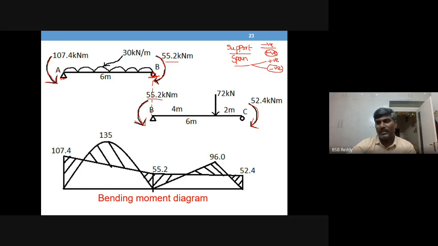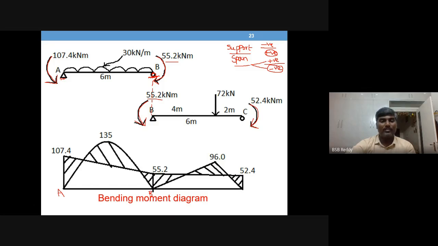In general, support moments are negative and span moments are positive. So above the reference line, when drawing support moments, you draw negative values; when you draw span moments, you draw positive values above the reference line. Same you follow. First, let us just take the AB portion.